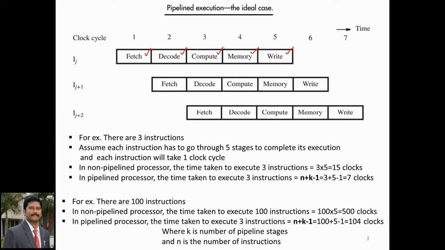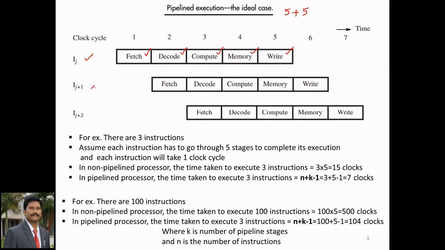Suppose there is no pipelining concept. This is instruction 1. To execute instruction 1, how many clock cycles will it take? 5 clock cycles. Instruction 2 again has to fetch, decode, compute, memory, and write, so 5.